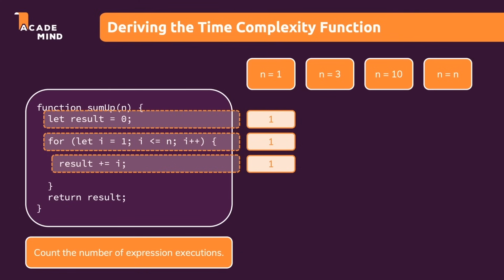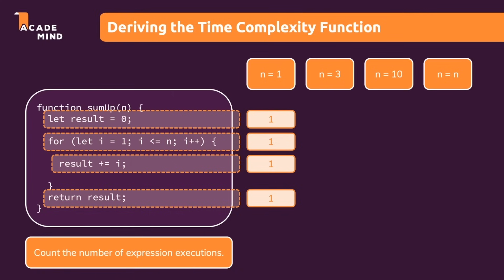That, of course, is not smaller or equal than n, which is 1, and therefore we'll leave the loop thereafter. And now what about this last expression? This, of course, also is only executed once. Once we make it out of the loop, we run this line. So that's the case for n equal to 1. Every expression in this function runs once.